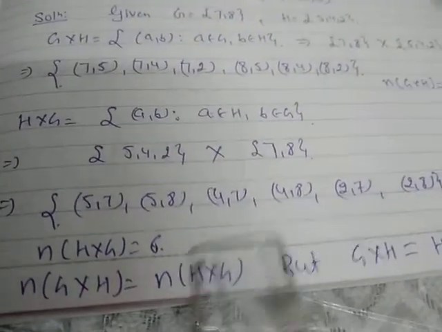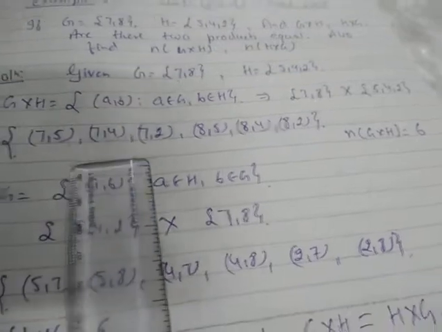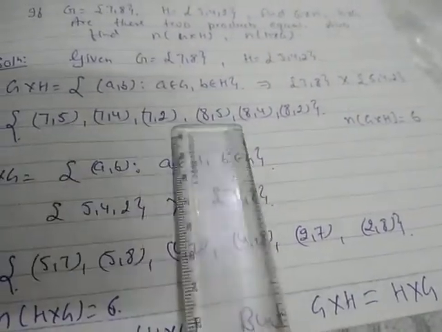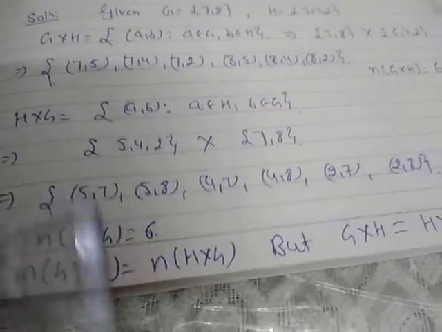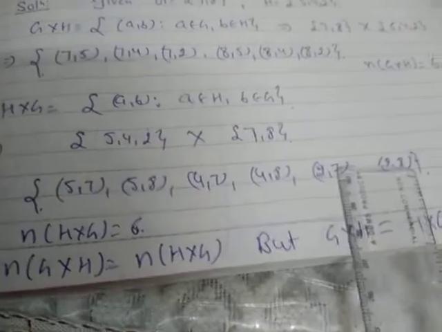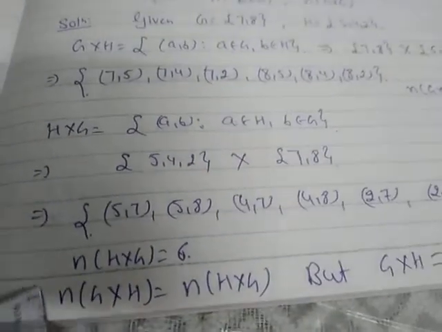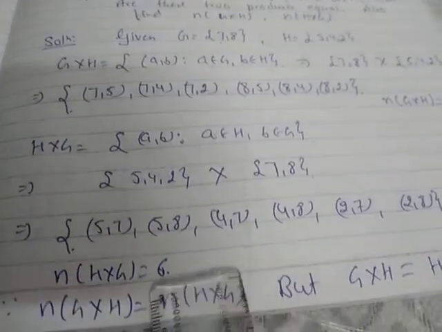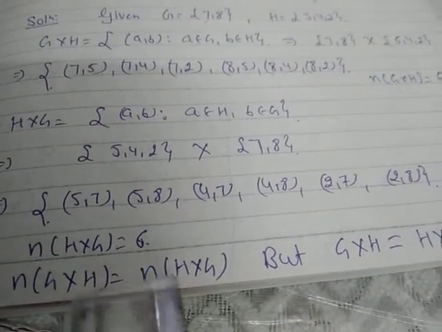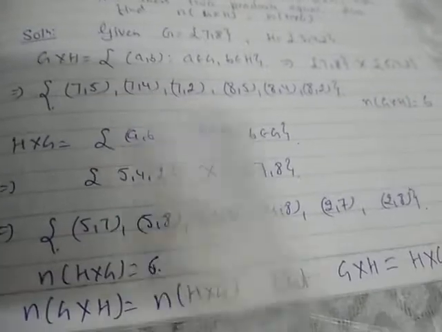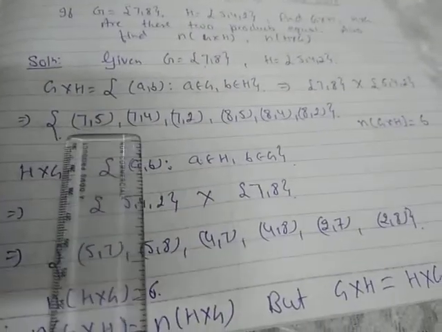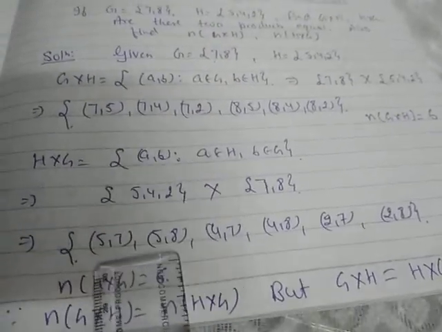Now just see n(G cross H). How many ordered pairs are formed here? 1, 2, 3, 4, 5, 6. And in H cross G, 1, 2, 3, 4, 5, 6. That means n(G cross H) is equal to n(H cross G). But now compare the elements of the ordered pairs. In the first ordered pair it is (7, 5) and here it is (5, 7).